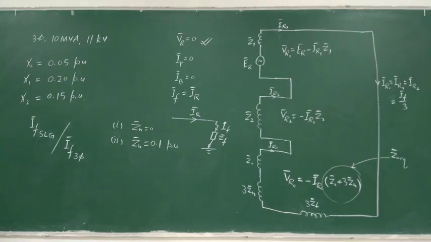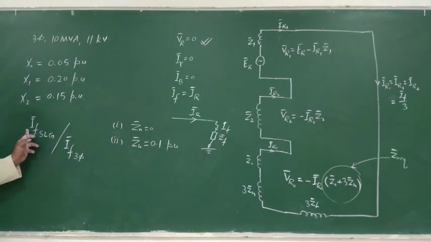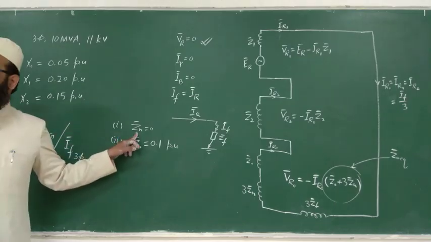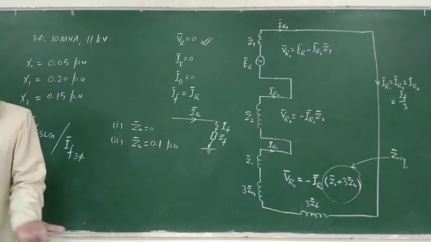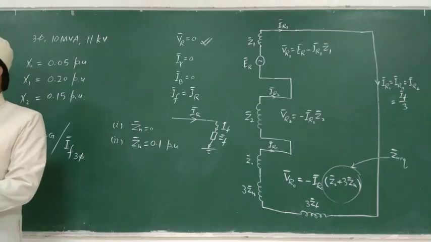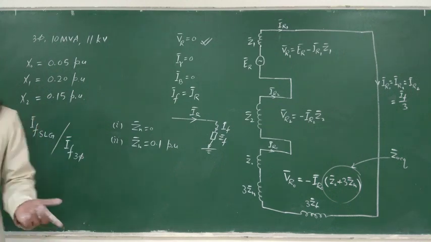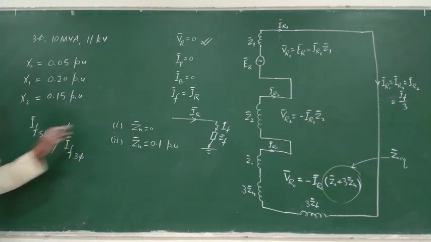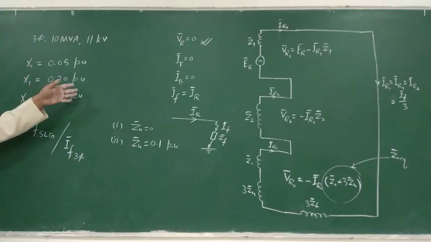So for these two cases you have the formula. For the first case we have the formula for fault current, and there Zn will be 0. If ZF has not been mentioned in the formula, it means not given. Once it is mentioned that ZF fault impedance is this, then we will consider it, otherwise 0, right? Calculation in per unit is very easy, and these 3 reactances are in per unit already.